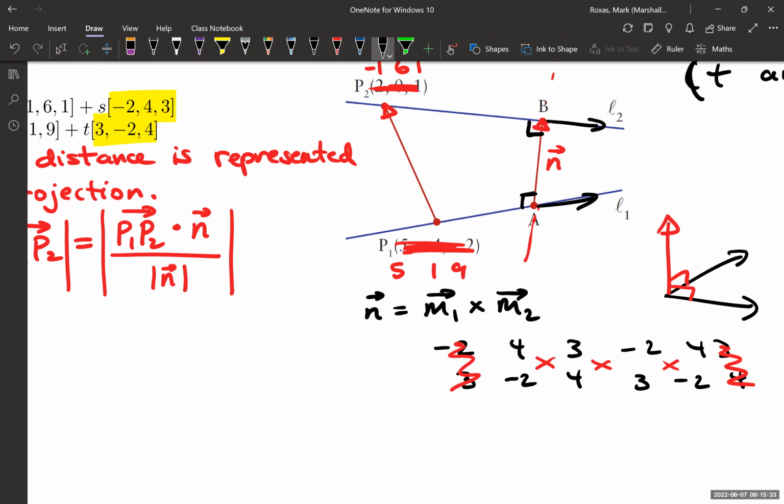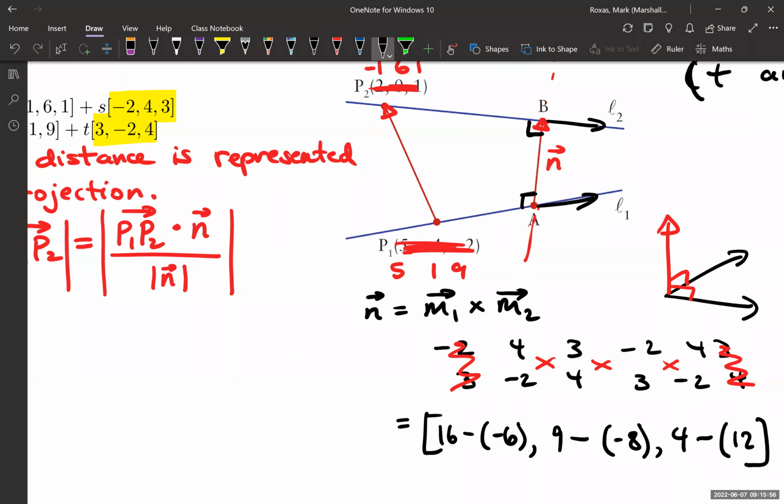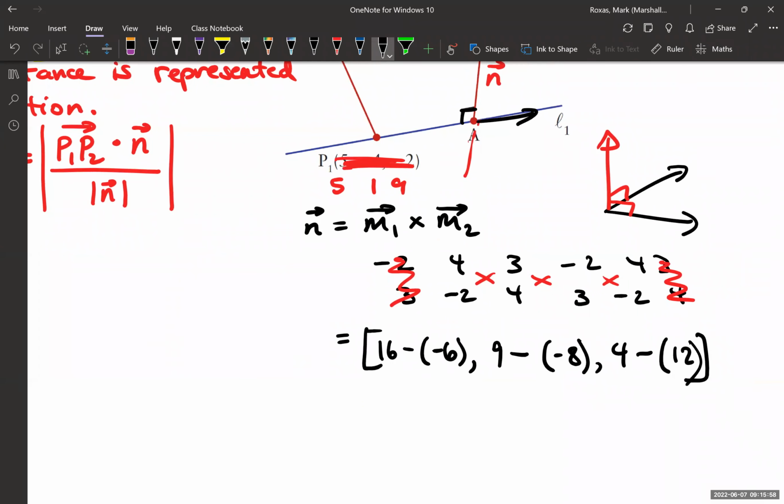Here we have 4 times 4, 16, so the x component for my normal vector is 16 take away -2 times 3, which is -6. The y component is 3 times 3, which is 9, take away 4 times -2, which is -8. And the z component is -2 times -2, which is +4, take away 3 times 4, which is 12.